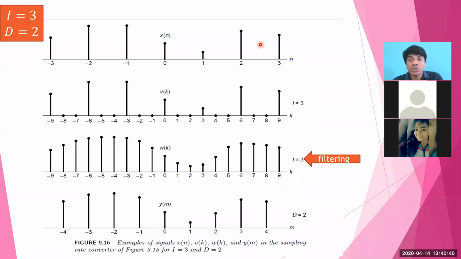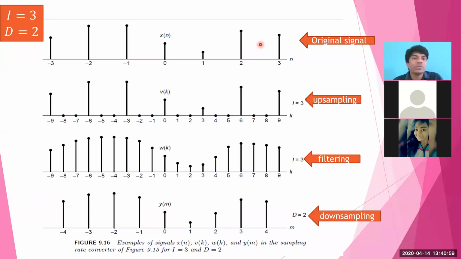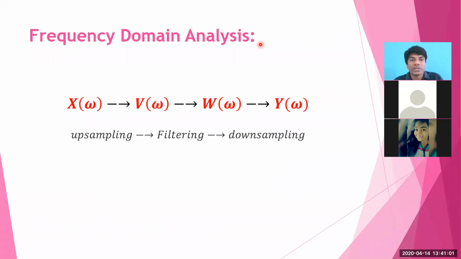Then I have sent it through a filter, so those zeros have been converted into real samples. Then finally I have decimated it by a factor of 2, so from every 2 successive samples, 1 sample has been dropped. This is the example which we have here, and you just go through it once.